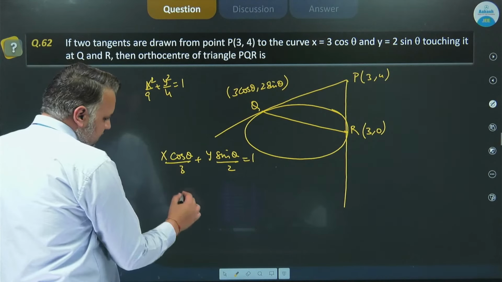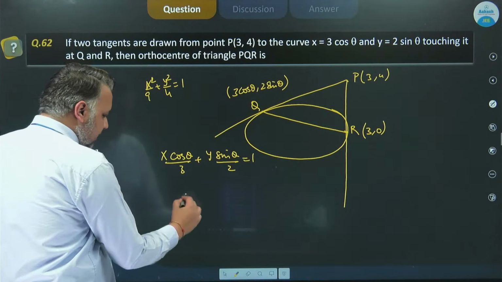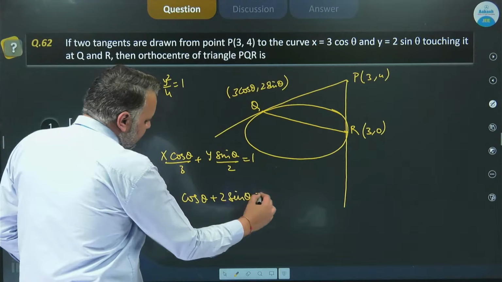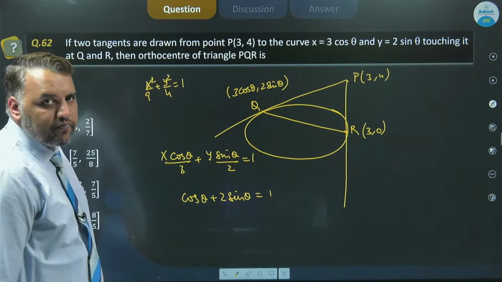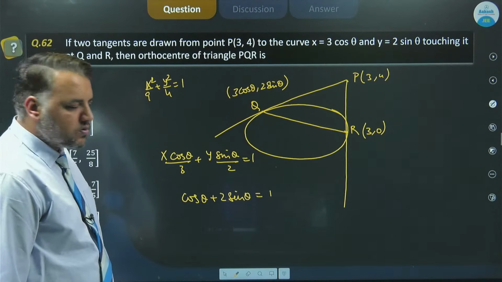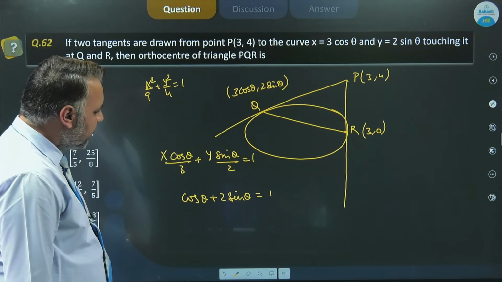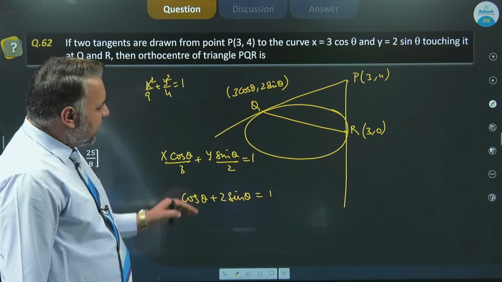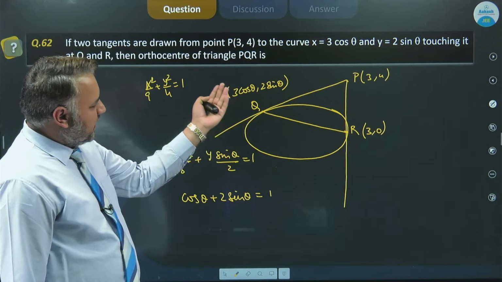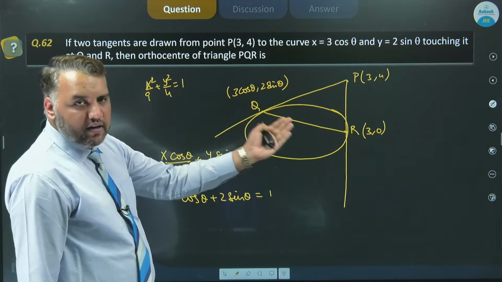If x is 3, y is 4, then we'll get cos theta plus 2 sin theta is nothing but 1. So from here we can calculate the value of theta also. So solving for theta, we can then comment on the points Q and R.